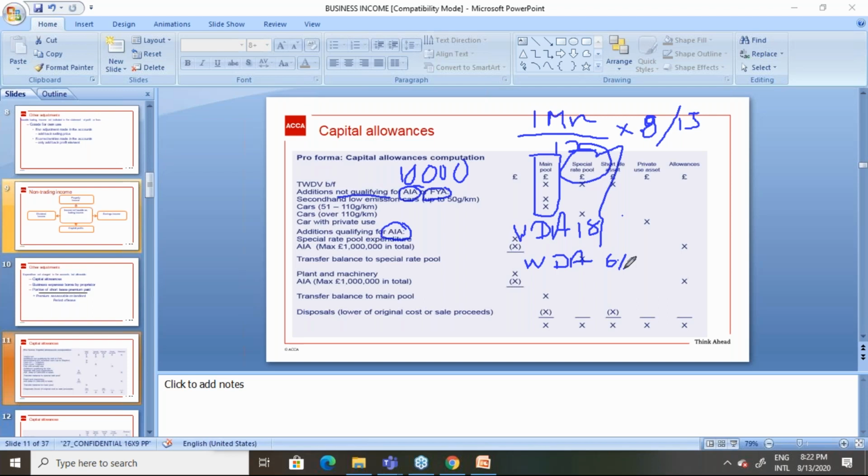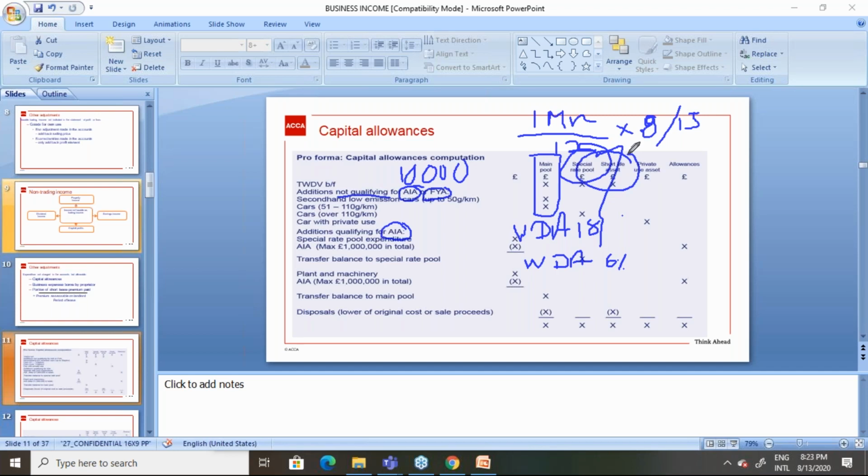So that's the difference. Most of the time, high emission motor cars where the carbon dioxide emission is more than 110 grams per kilometer are included in the special rate pool where you can claim WDA at 6%. Then we have another concept called short life assets.